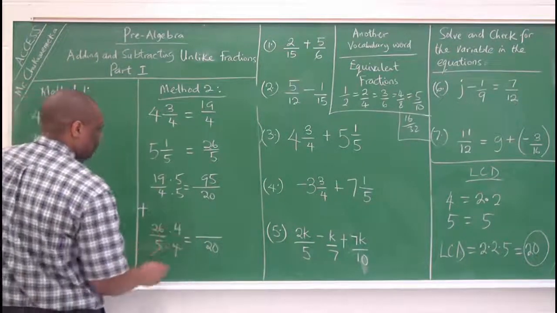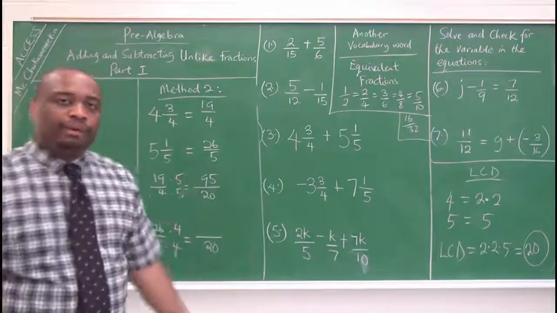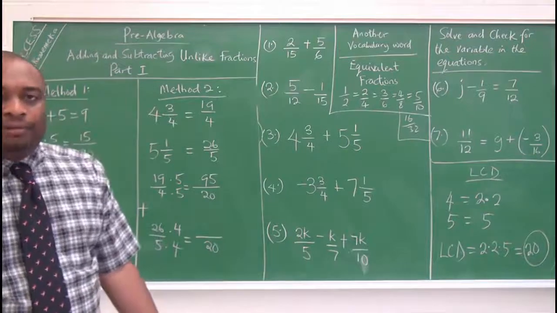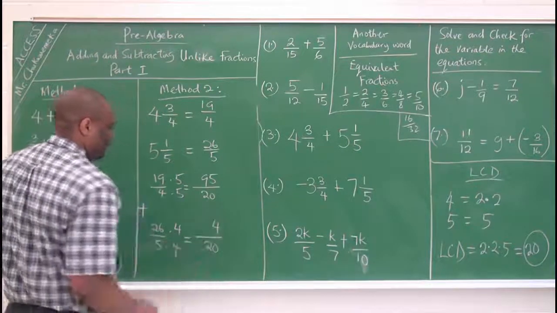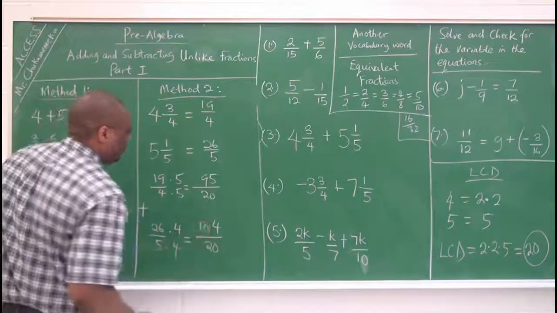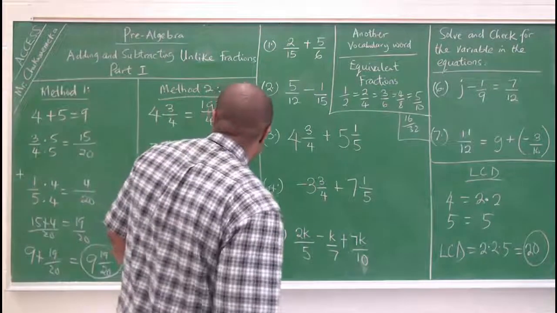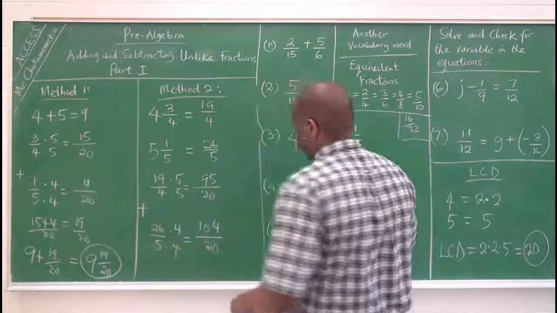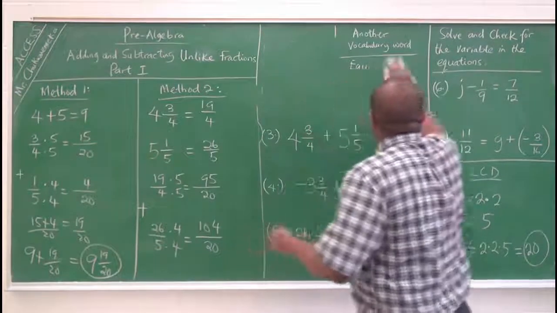Then 26 times 4, because whatever you do to the denominator, you do to the numerator in order to get the equivalent fraction. Now 4 times 6 is 24, carry 2. 4 times 2 is 8 plus 2, 10. So we have 95 over 20 plus 104 over 20. So let's kind of finish it here.